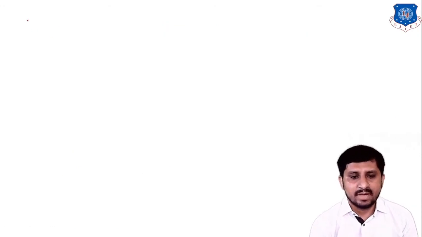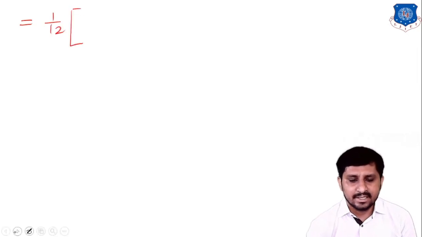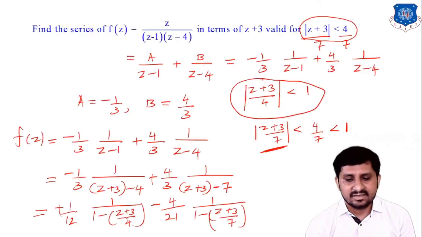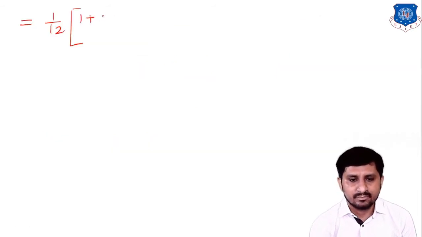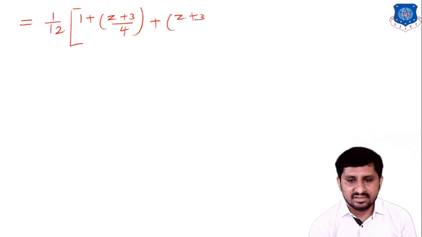So I can write 1 by 12, and here try to understand that the modulus value of z plus 3 by 4 is less than 1. So I can write 1 plus z plus 3 by 4 plus z plus 3 by 4 whole square, and so on.